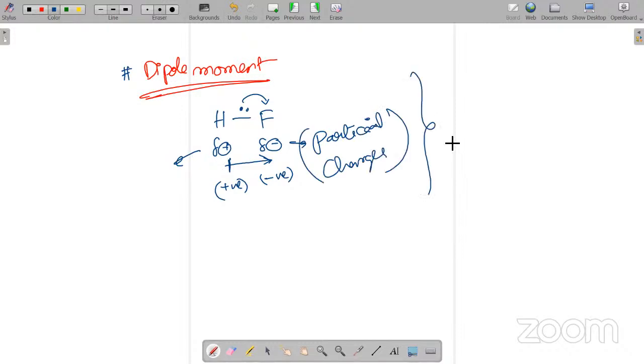Now, how do you calculate the dipole moment? Whenever there is a more electronegative atom with directional properties, that is called dipole moment. It is the moment of the dipole due to the presence of a more electronegative species. I hope you all understand this one.